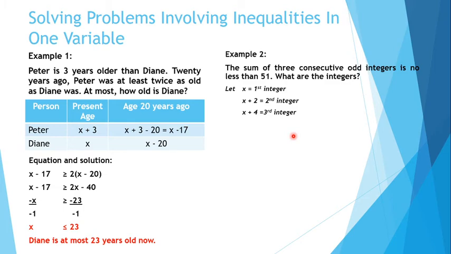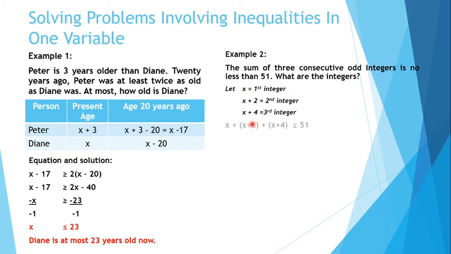But of course, what we are going to find here is only the first integer, since the first integer will serve as our x. And again, we can only solve for the second and third integer after we get the first integer.